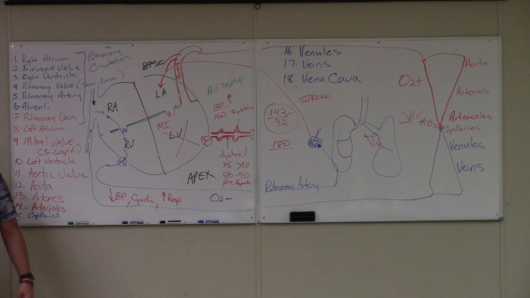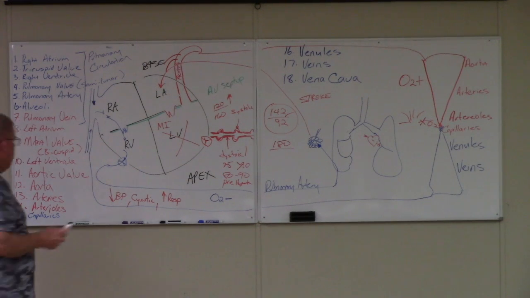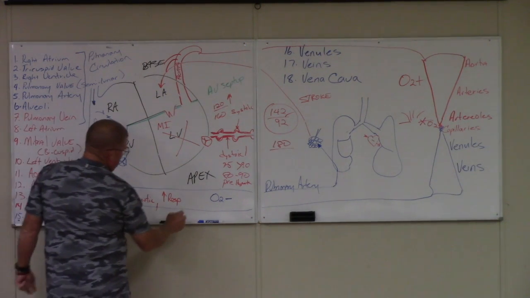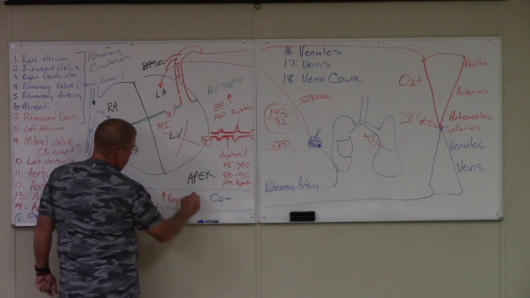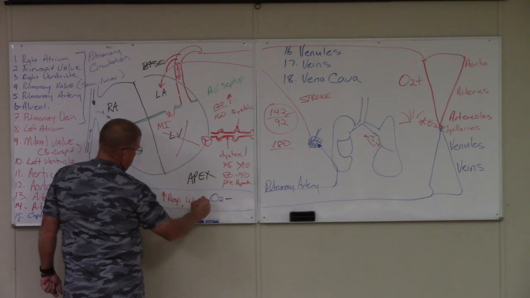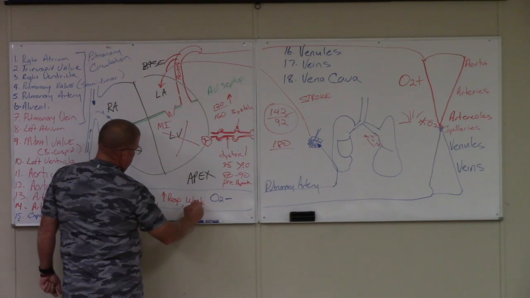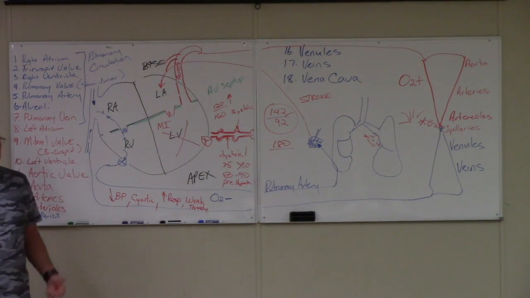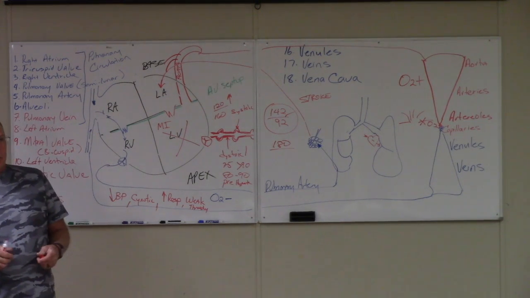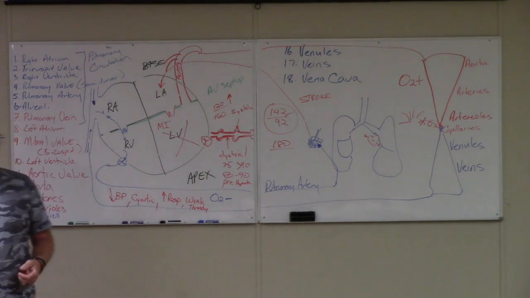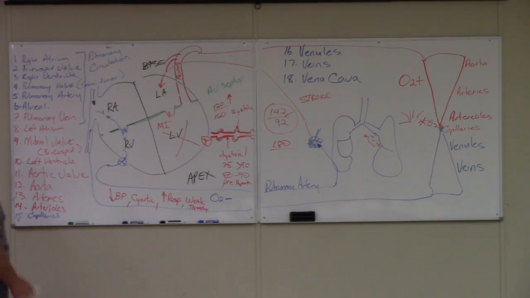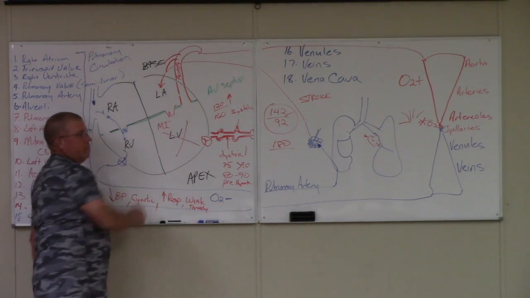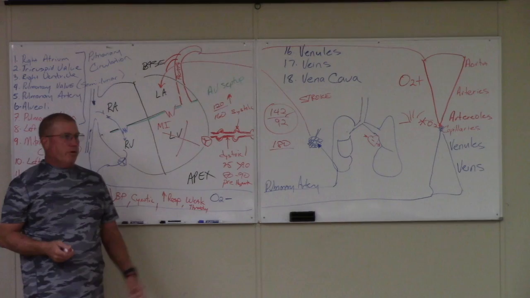What's your pulse going to be? That's the trick question. Zero or very weak? Low. It's going to be weak, thready. Why is it thready? It's a term we use, kind of weak and thready. Because the left ventricle is having to push it through.